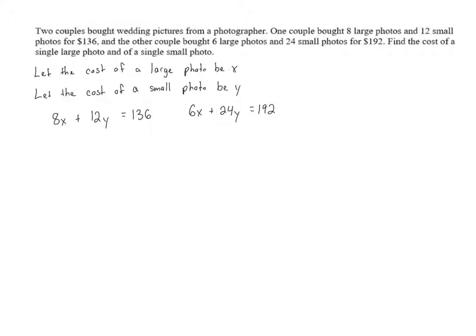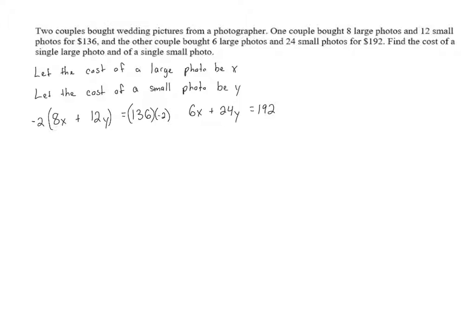If we want to eliminate the y's, and one of the coefficients is 24, we want to multiply the other equation by something so that its coefficient is negative 24. If we take both sides of the first equation and multiply by negative 2, that's going to give us what we need to cancel out the y's.